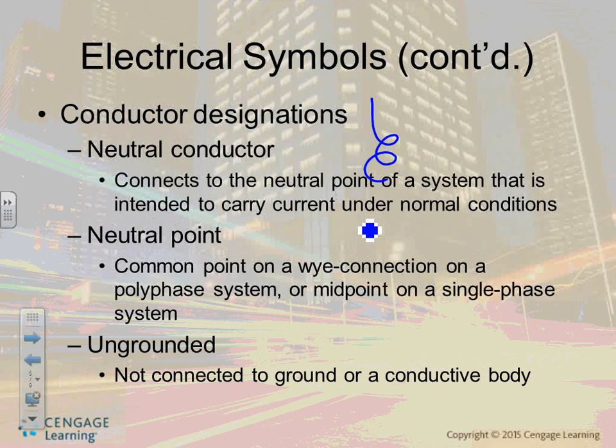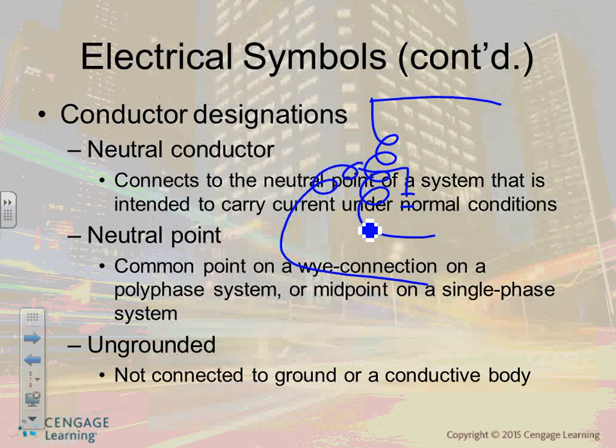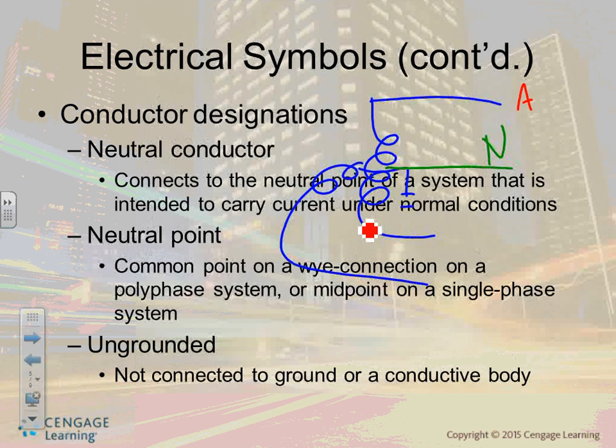So I'm just going to draw a three-phase. This is my neutral, my phase A, phase B, phase C. Can you guys see this point? This is called the neutral point because it's a common point.